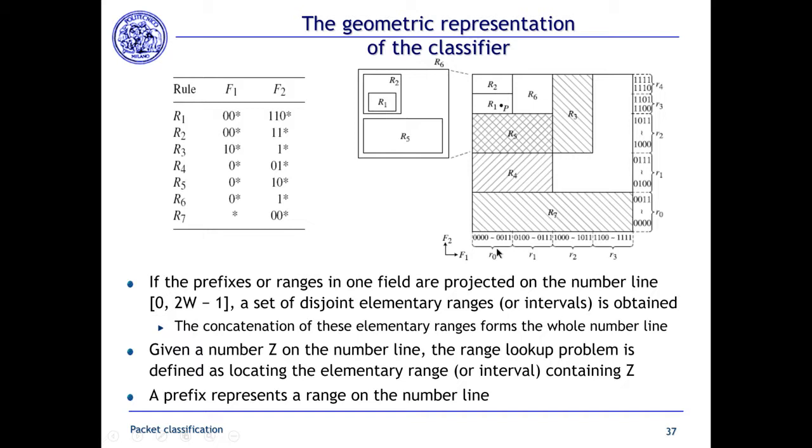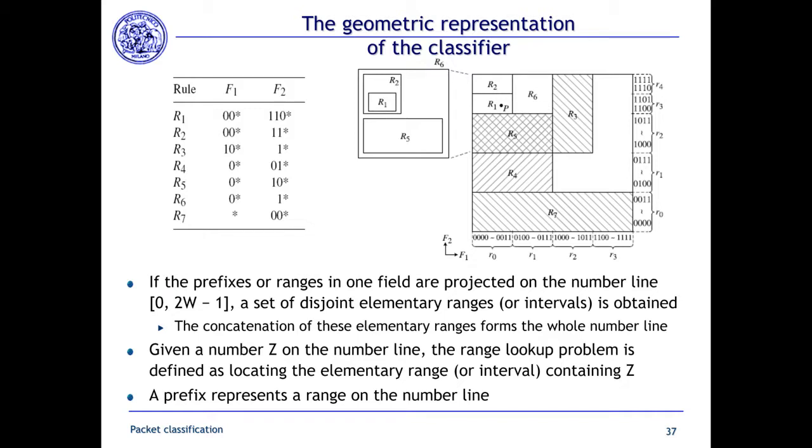Then you go to the pre-computed table with R3 and R0, and you find the corresponding element, and this will directly tell you that the winning rule is R1. So you have basically just one access to the array.